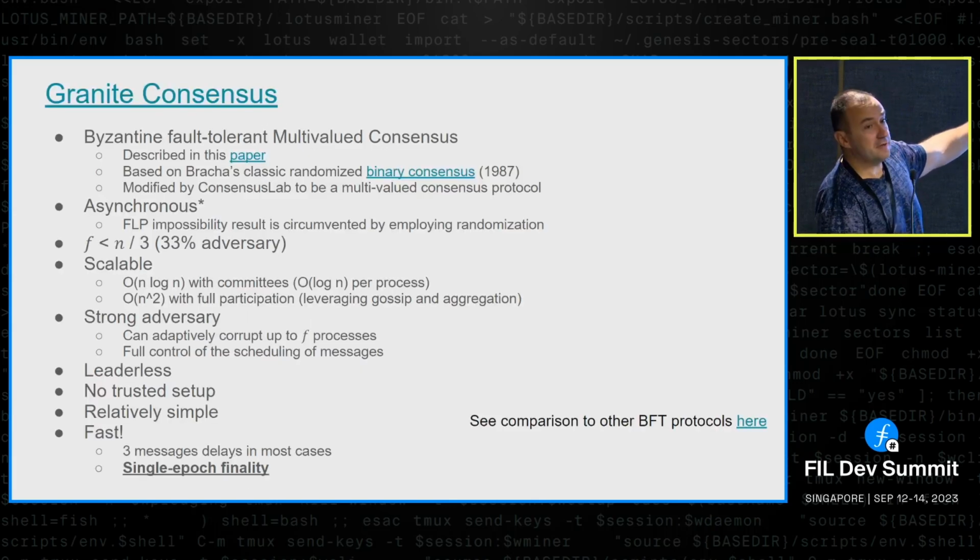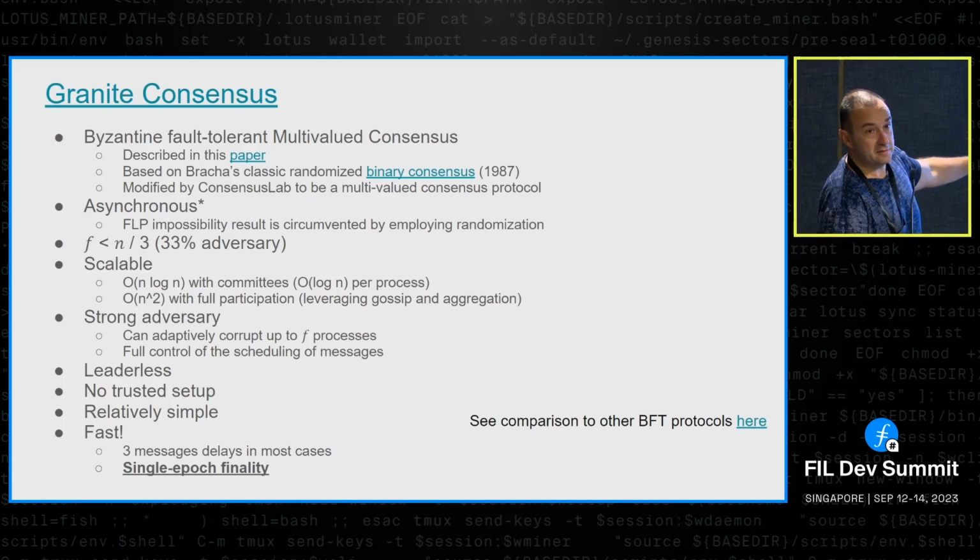It tolerates a 33% adversary. It doesn't make assumptions on network synchrony. We have different variants of the protocol, some that make assumptions on eventual synchrony of the network, but we are going to favor a version that doesn't make assumptions on network synchrony and circumvents the FLP impossibility result, for those of you who know what this is, using randomization.